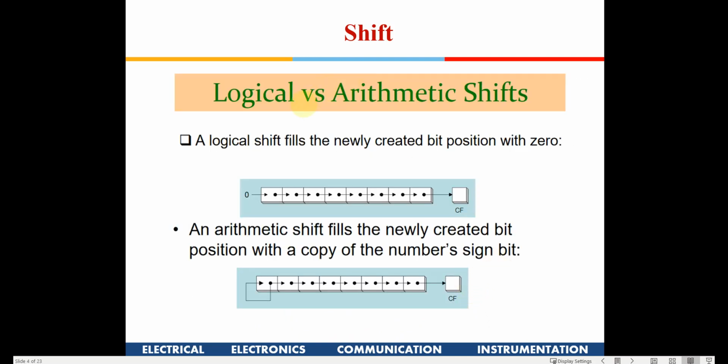Now let's see what is the difference between a logical shift and an arithmetic shift. When we say logical shift, in this example we are shifting towards the right, so the data of the MSB will go into the next significant bit. Whatever empty space is there in the MSB, a 0 will be pushed in.